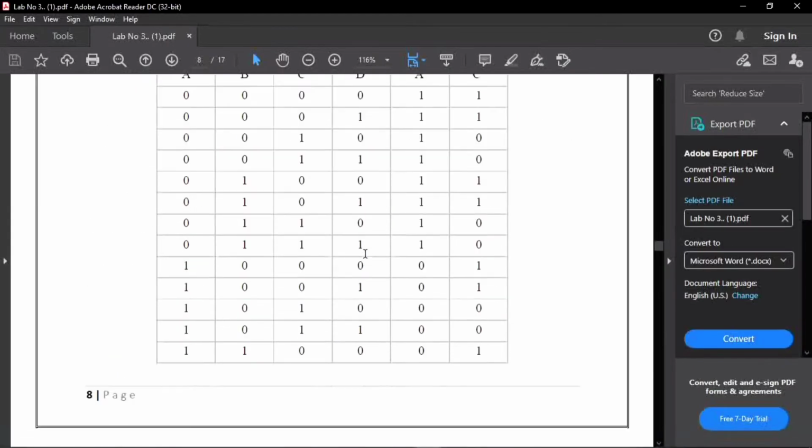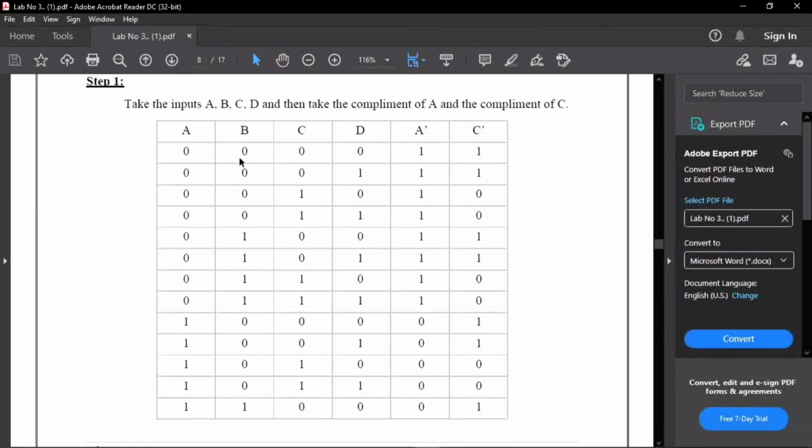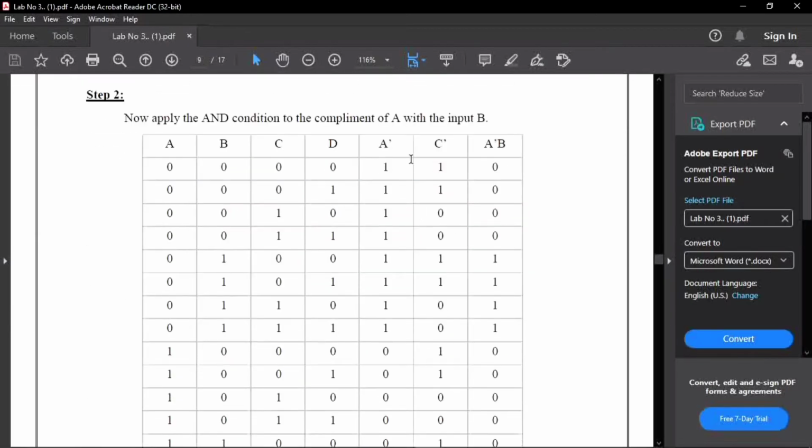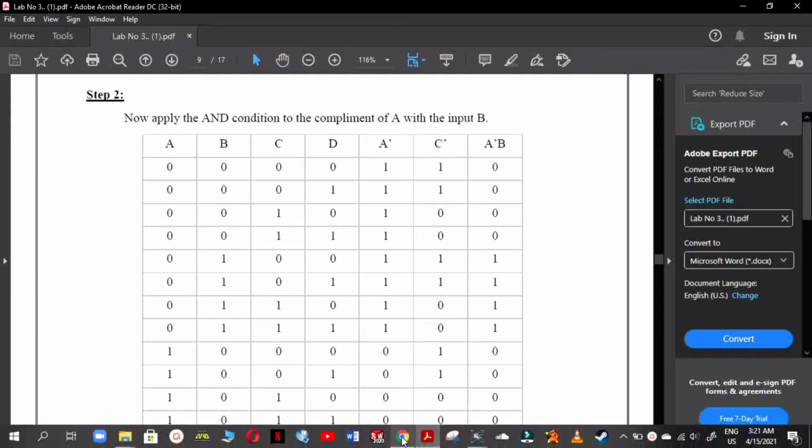You can see if I am applying 0 on all of A, B, C, D, then our output will be 0.